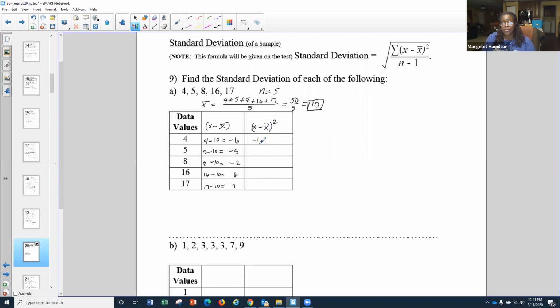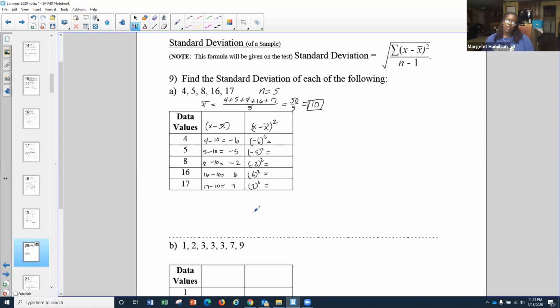So we have negative 6 raised to the second, negative 5 raised to the second, negative 2 raised to the second. You see, these parentheses are going to be really important when you're putting this in your calculator, because you know that these numbers have to be positive when they come out. 6 raised to the second, 7 raised to the second. A negative number raised to the second power, or even root, always comes out to be positive.